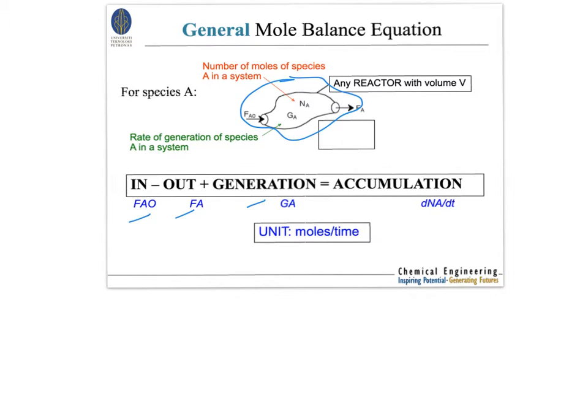So in the flow system, it can be written as FA naught, which is the initial molar flow rate, minus the final molar flow rate, anything going out from the system, plus the generation inside the system equals the accumulation of the species A in the system.